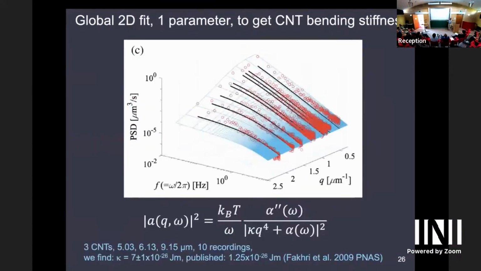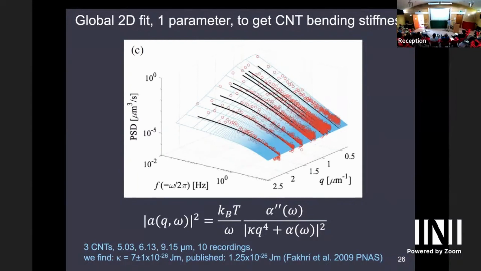Actually, one other sort of trick that Kengo figured out, Kengo Nishi, the postdoc who did all this, he thought about sort of global fitting, and he used all these curves for different Qs, for different wave vectors, and put them in this plot, and then fitted the whole thing with a sheet, with a 2-dimensional fit function. And that, from what I showed you before, that 2-dimensional fit function has a couple of parameters.